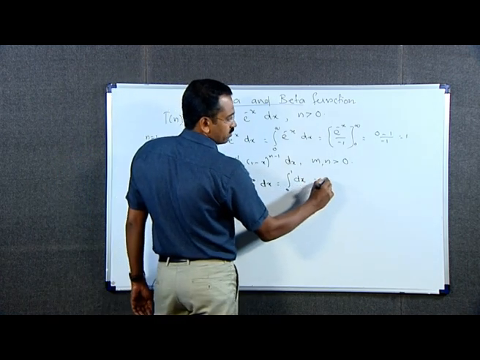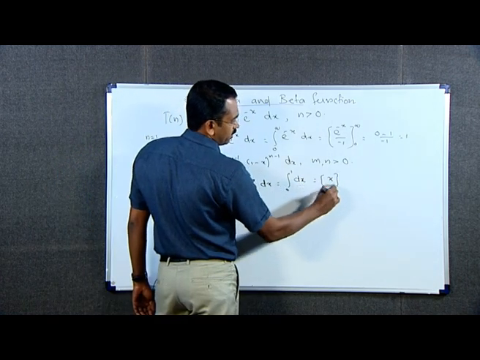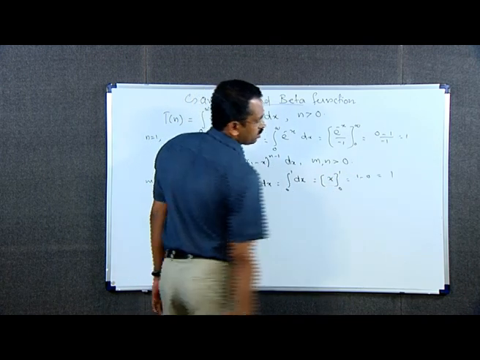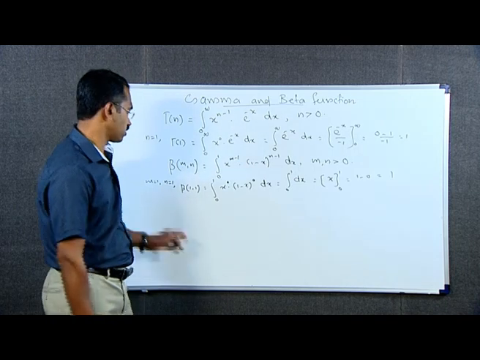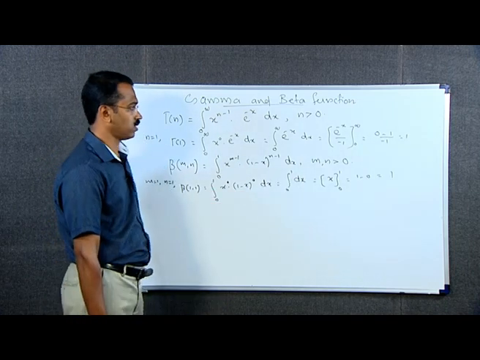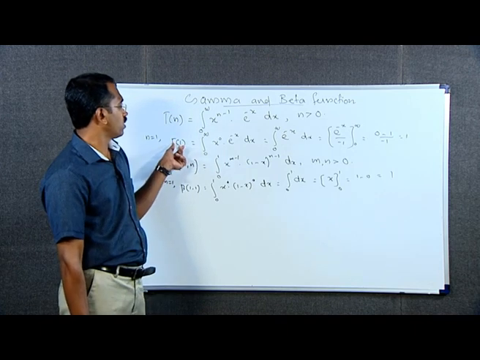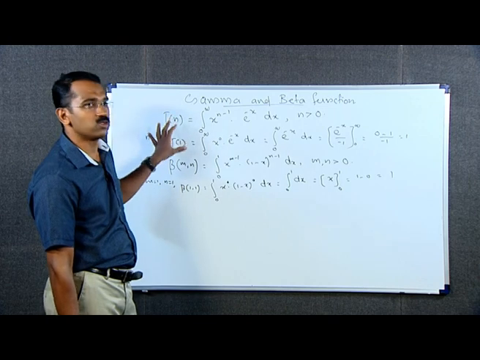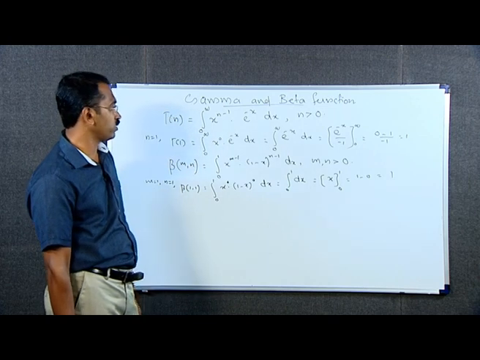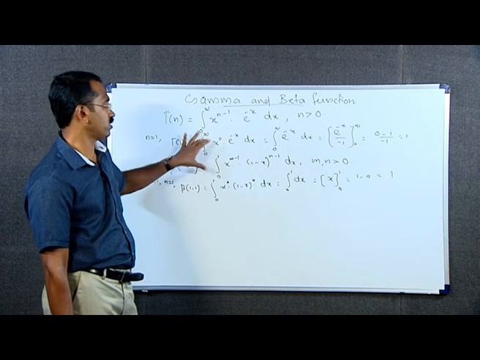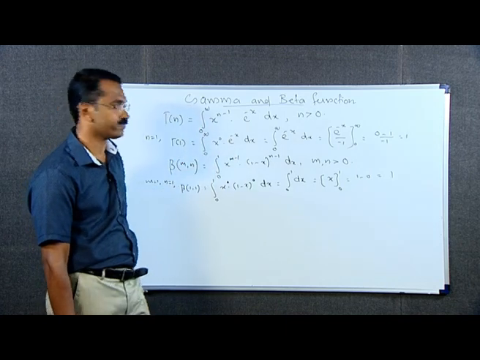That is x between the limits 0 and 1, that is equal to 1 minus 0 equal to 1. That means beta 1 1 is equal to 1. These are two standard values. These two integrals can be used to evaluate the definite integrals of these two forms.